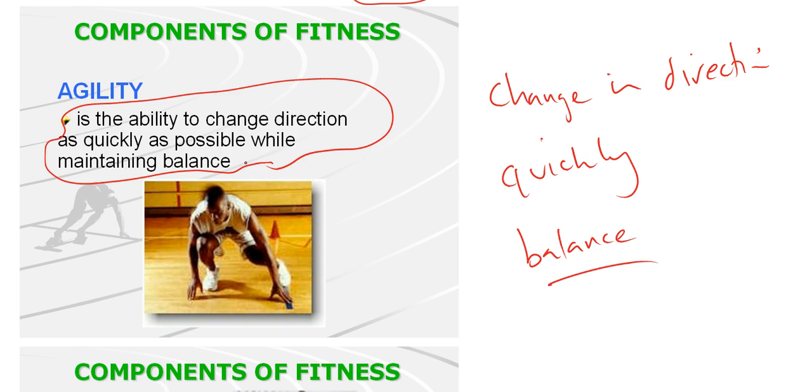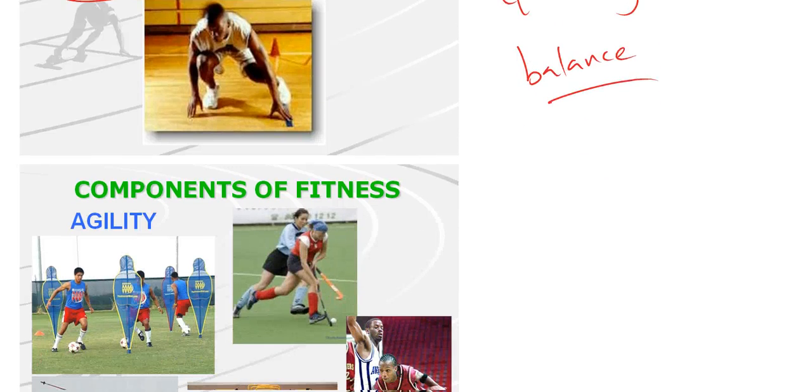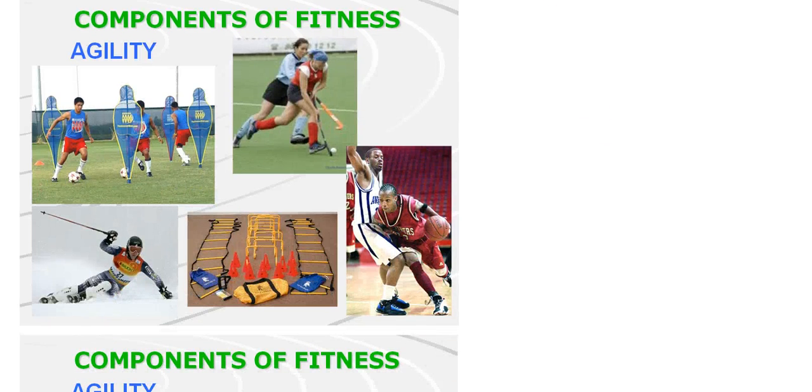For example, agility is important for a soccer player because when trying to evade an opponent, they need to be able to change direction as quickly as possible while maintaining balance, that is, without falling over. So here we've got some agility drills running around, not cones, but dummy players in a game of hockey to be able to dribble the ball quickly, change direction so you don't have the ball taken off you.